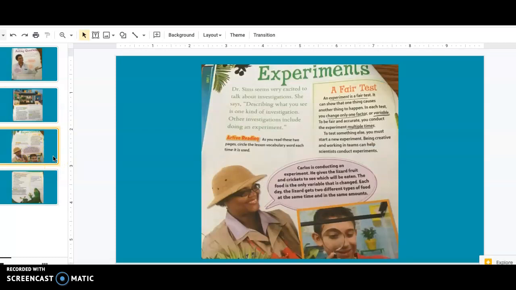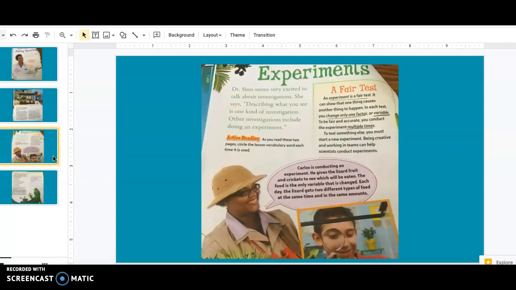Page 8. Now it's talking about experiments. And notice I have some words underlined. I would like you right now to take your pencil and underline the words that I have underlined. I have underlined where it says an experiment is a fair test. That is super important to know that.